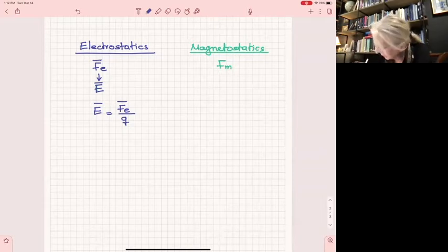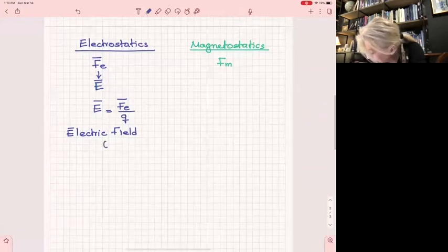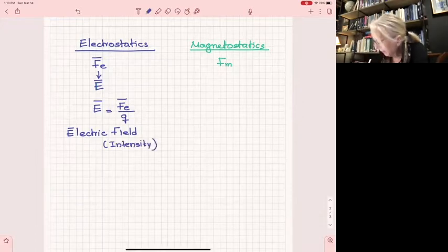All right, so that is the electric field here. And in some books, you will also see the word intensity in there. Not everywhere, but that. And the electric field is a vector.